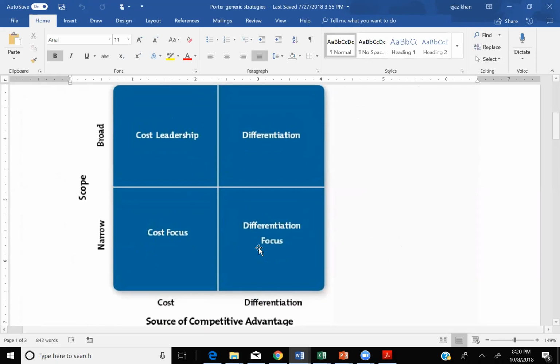If you look at this matrix, it has sources of competitive advantage on the x-axis and scope on the y-axis. According to Porter, what strategy you will be pursuing will depend upon these 2 factors, the scope and the source of competitive advantage.